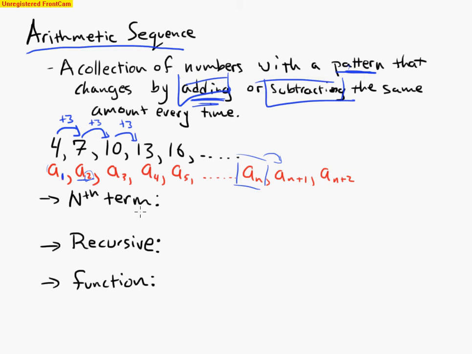There are 3 ways that we can actually write these. We're going to use nth term notation, recursive notation, and function notation. The nth term notation I think is the best for the arithmetic sequence.